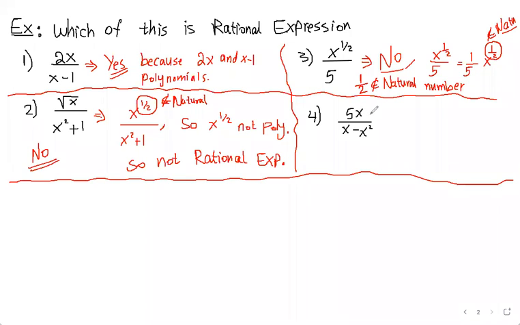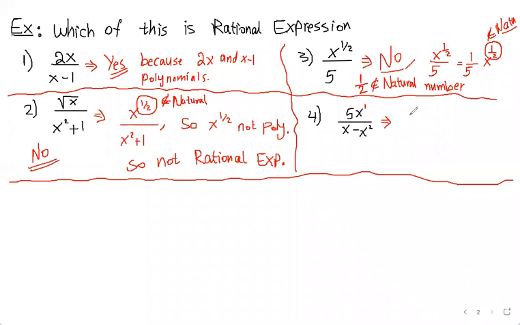I would say that it is a polynomial. Yes, the numerator is a polynomial. The denominator is a polynomial, right? Yes. Look, no fraction in the exponent. The exponent for x is 1, no fraction. The exponent for x here again is 1. The exponent for x equals 2. 5x is a polynomial. x minus x squared is a polynomial.